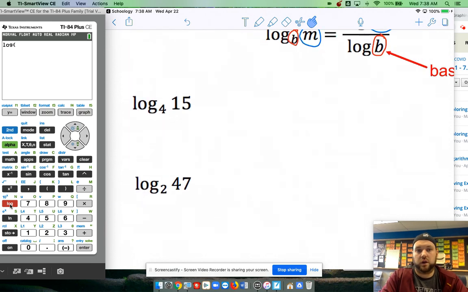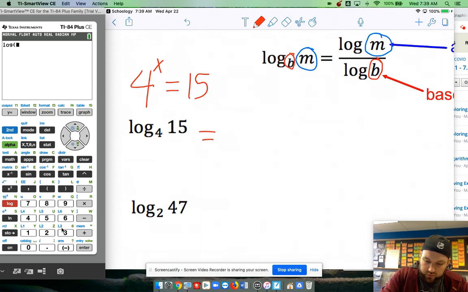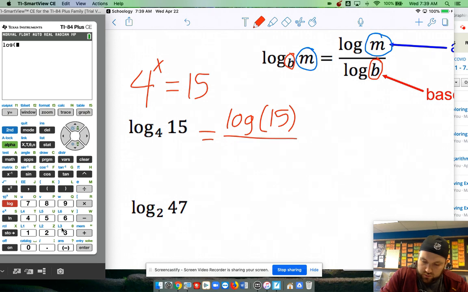So if you wanted log base 4 of 15, this would be saying 4 to what power equals 15. And this is going to be really tough to do because it's a decimal, and the decimal is not going to be nice. So what I'm going to do with this is I'm going to rewrite this using this change of base formula. So I'm going to write this as log base 10 of the argument that I had divided by log base 10 of the original base I was given, which is 4.